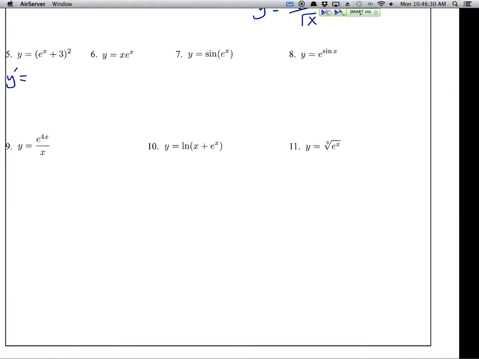Ryan, what rule do I need on this one? Chain rule. So I need to bring the 2 down. The inside stays the same. My new exponent is 1. Then the derivative of the inside, what would that be? Just e to the x.